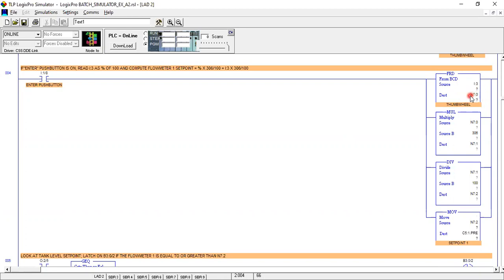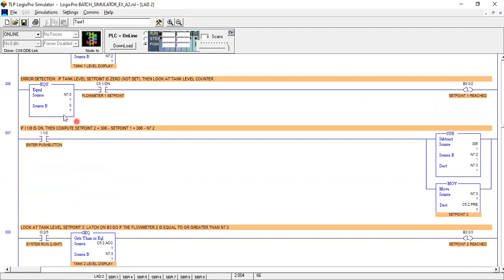This is the integer N7:0. The same integer we will put in the equal instruction. Okay, and in the source B, we have the zero value for the comparison to this instruction. Okay, and after that we will connect it to the input instruction, that is the NO, and have to put the counter 5.1 instruction DN bit.